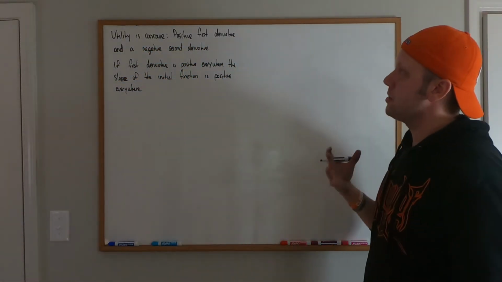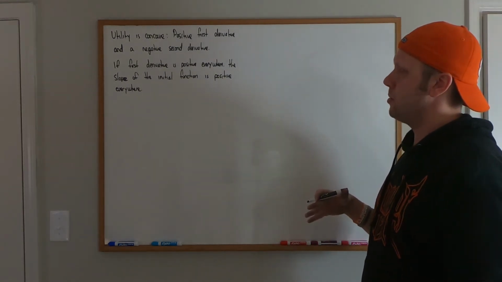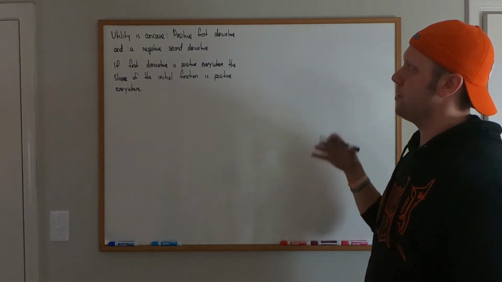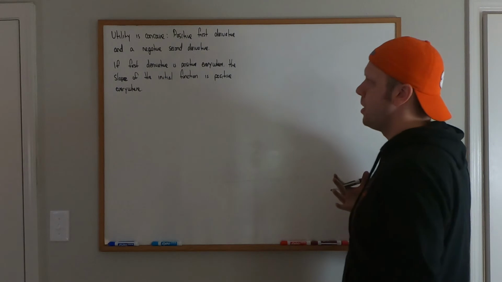Because I'm talking about first levels and then at the margin, so I'm talking about the initial function and then its first derivative, then I go from the first derivative to the second derivative, you're probably going like, what the hell is this guy talking about?